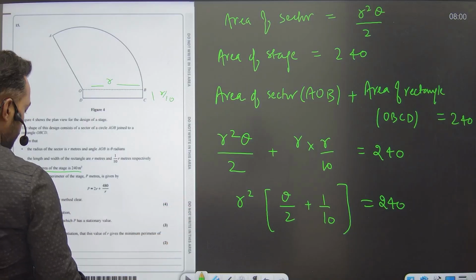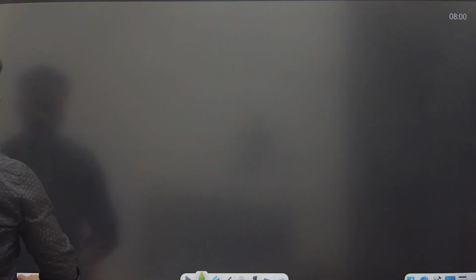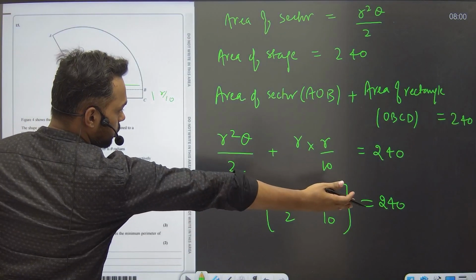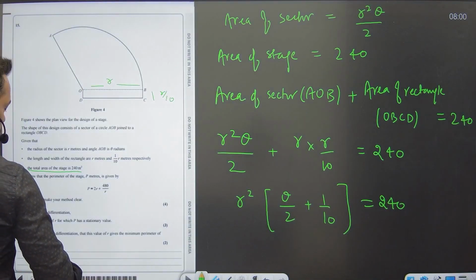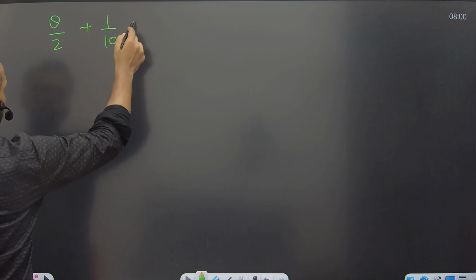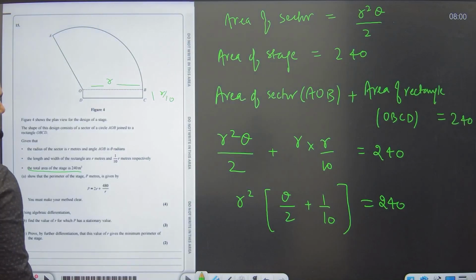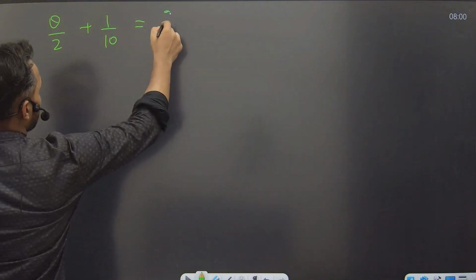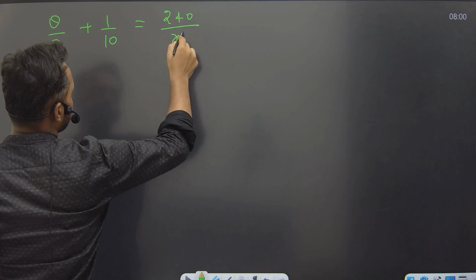From here we need to transpose r square to the denominator of 240. So theta by 2 plus 1 by 10 equals 240 by r square.